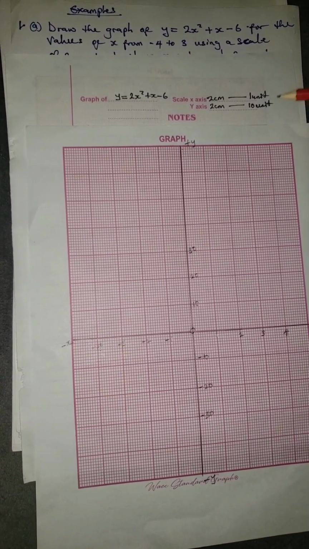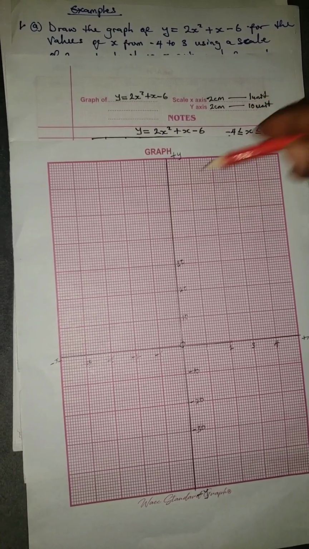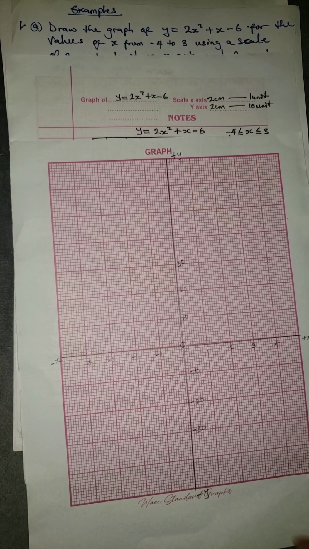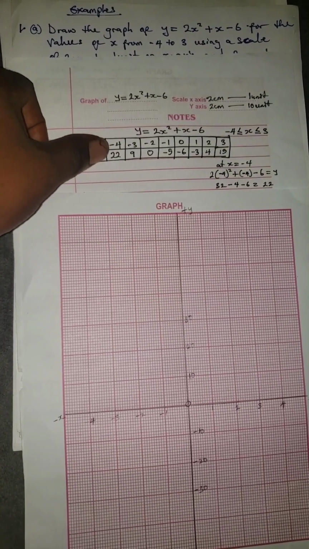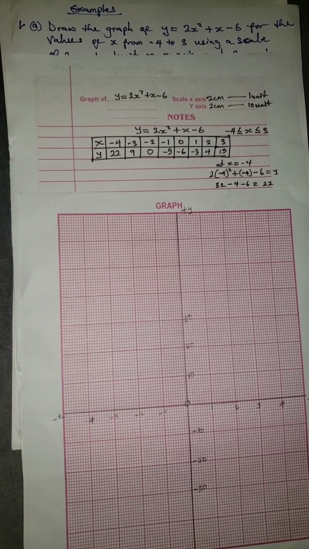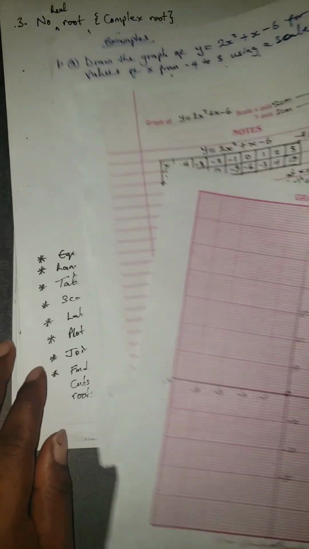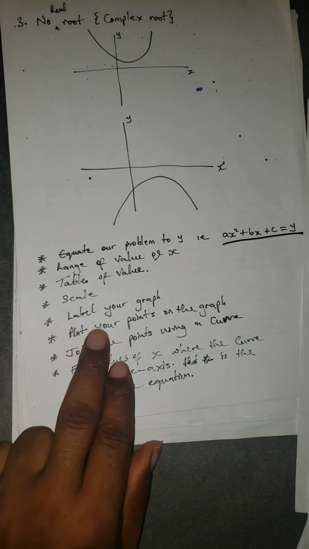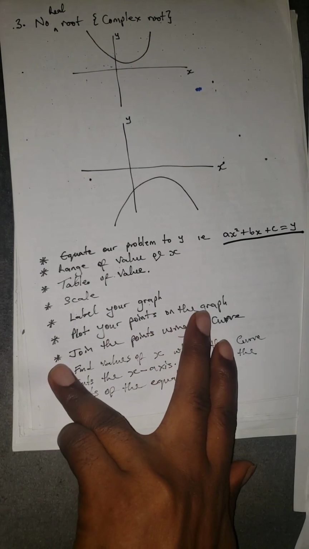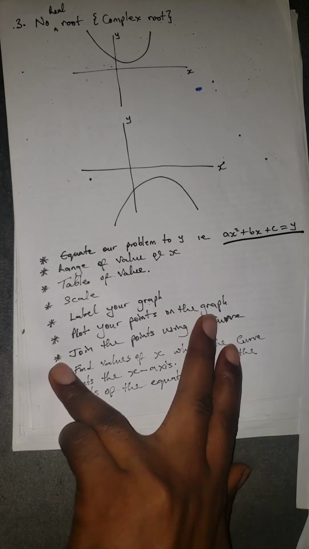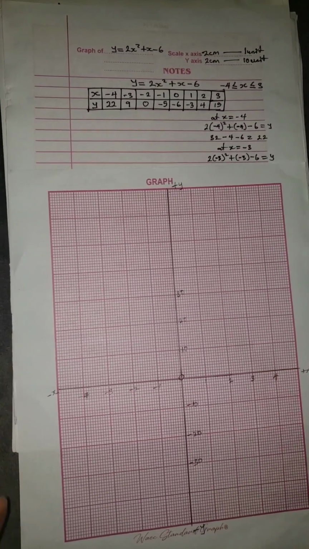Like I said, the scale is actually much, so we are not going to be able to exhaust the space of the graph because the highest value of y I have is 22 and the lowest is -6. So we are done with our labeling of the graph. The next thing is to plot the points on the graph. With the table of value now, we have to locate each point.